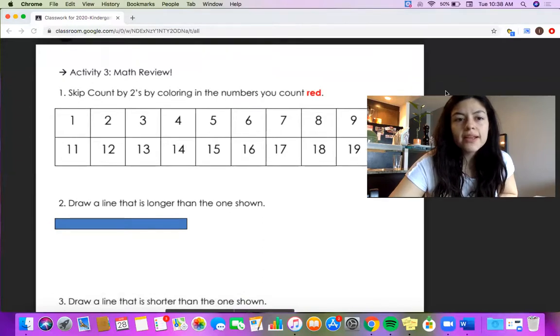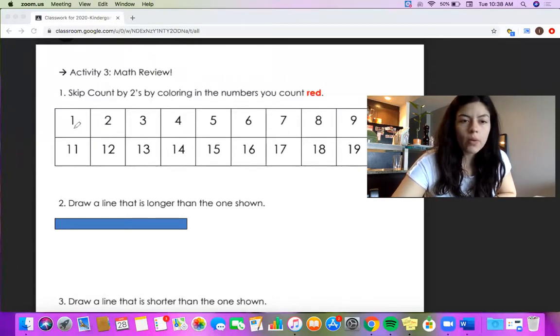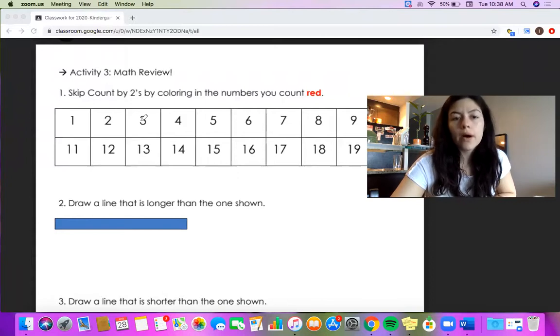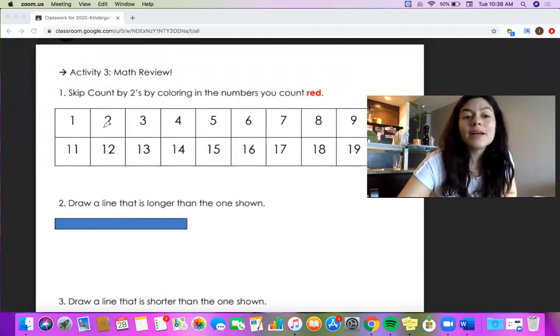For number 1, you need to skip count by 2s by coloring in the numbers you count in red. So, for example, you know that going up by 1 is just jumping by 1, right? So this is going up by 1 jump, next jump, next jump. So if you're going to be counting up by 2s, you need to be making 2 jumps. So we'll start at 0, let's say. 1 jump, 2 jumps.